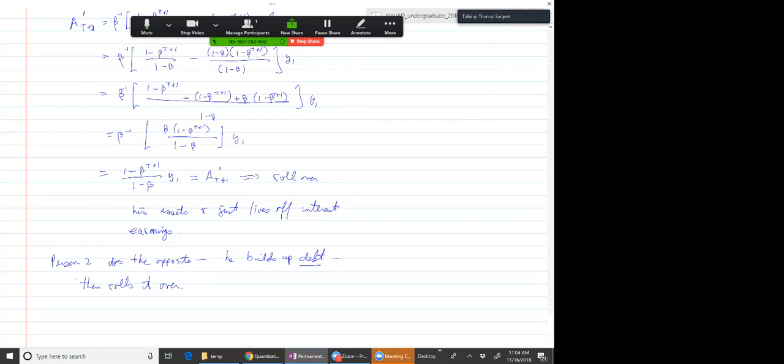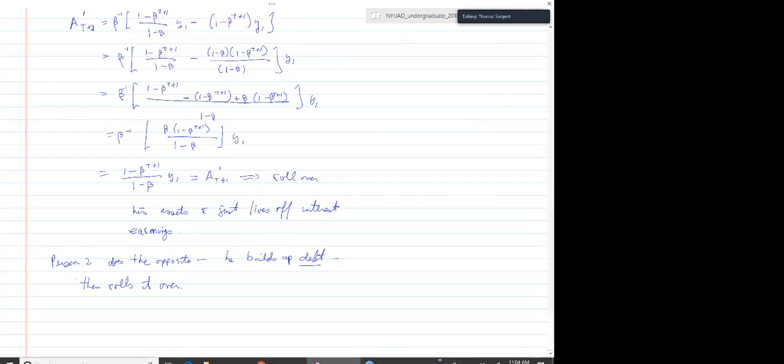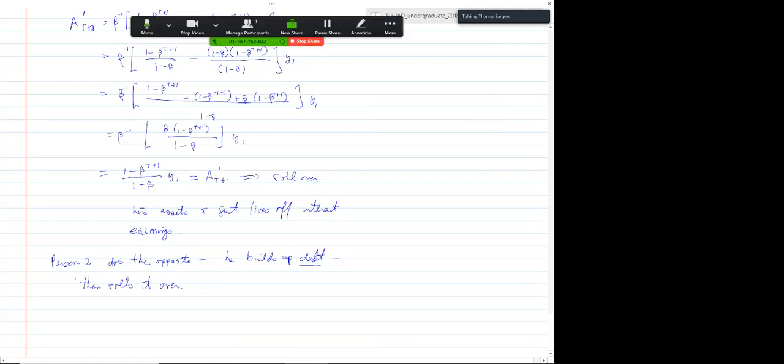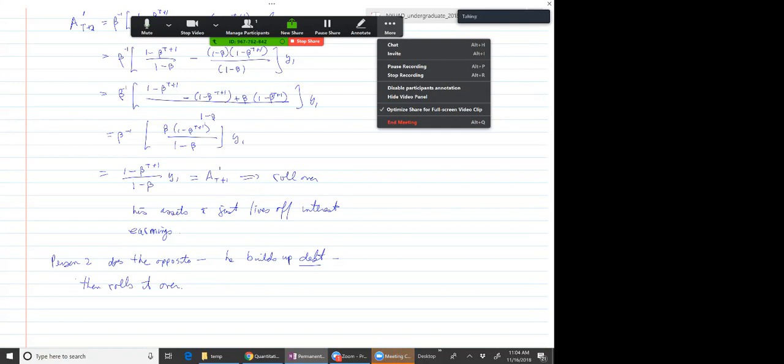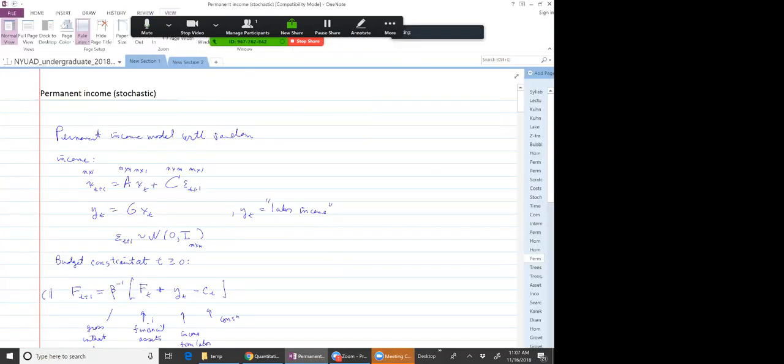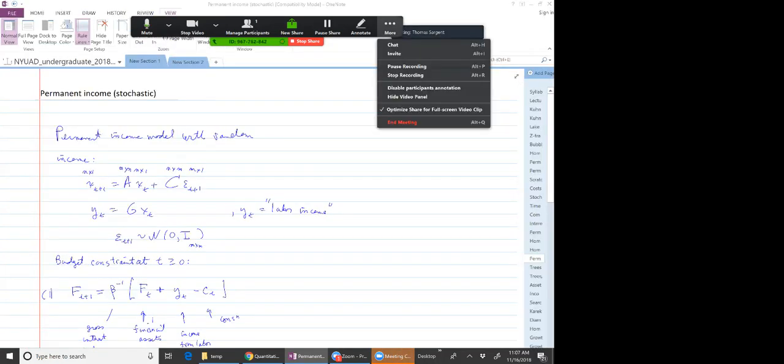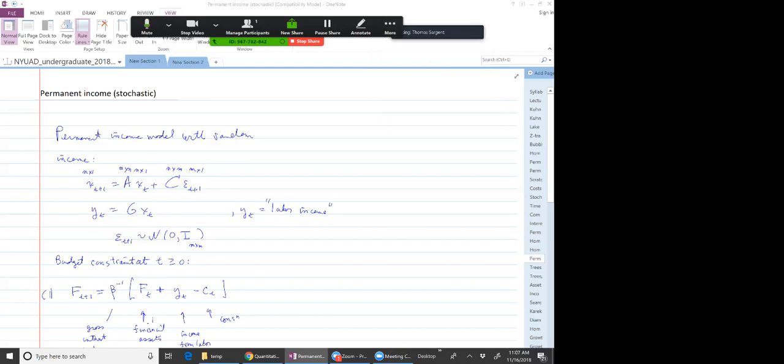Now, in just a minute, we're going to turn to the next part of this lecture, about the permanent income model when we have randomness. As promised, we are now going to talk about the permanent income model in which the income process is going to be random.